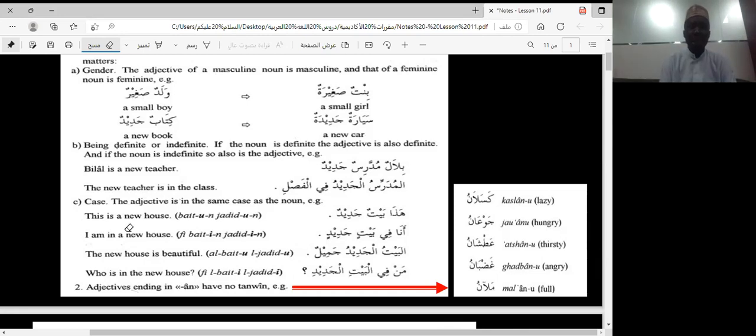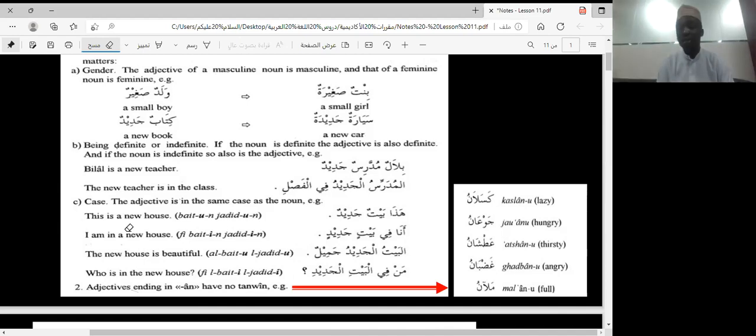So he said the adjective is in the same case as the noun. So هذا بيت جديد. أنا في بيت جديد. البيت الجديد جميل.